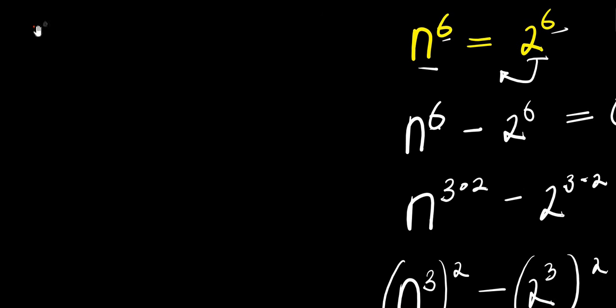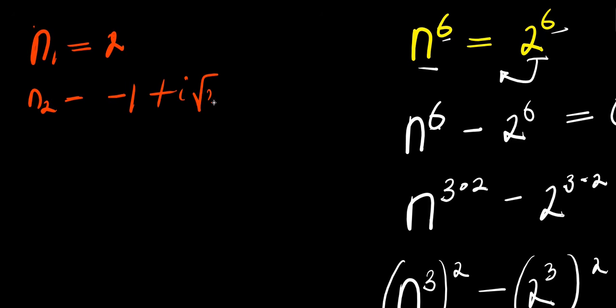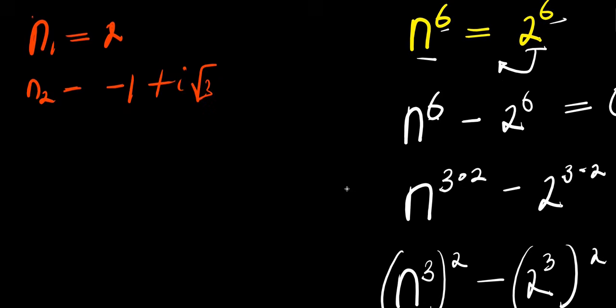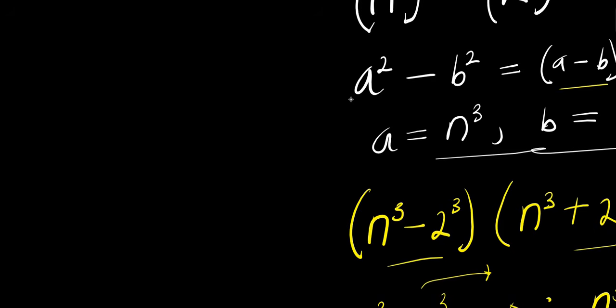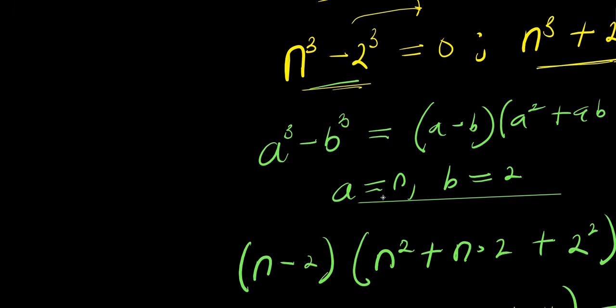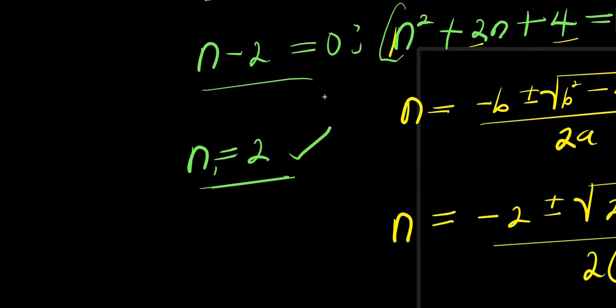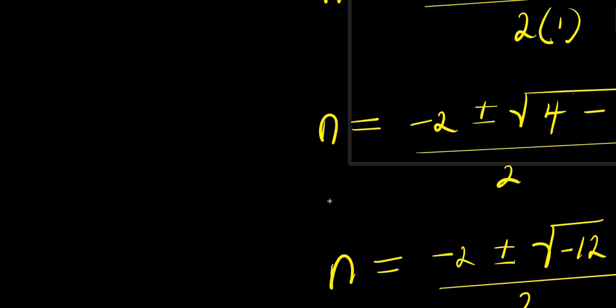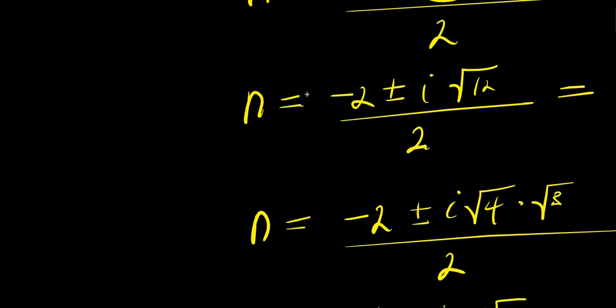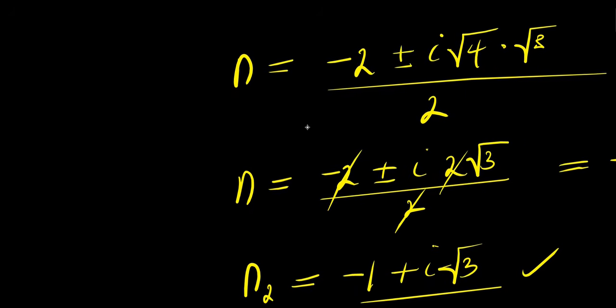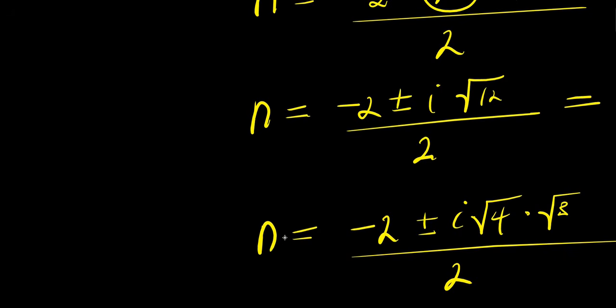we have n1 equals 2. We have n2 equals negative 1 plus i root 3. Then that should be it. Let me confirm the complex value. Okay, that is it.